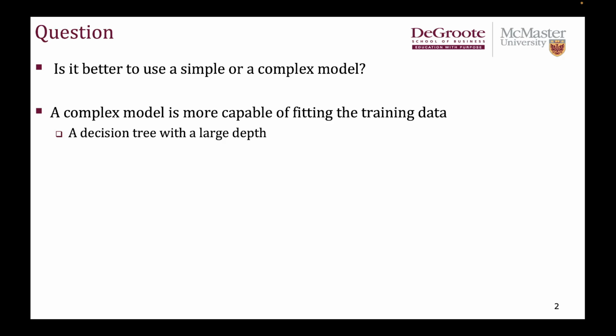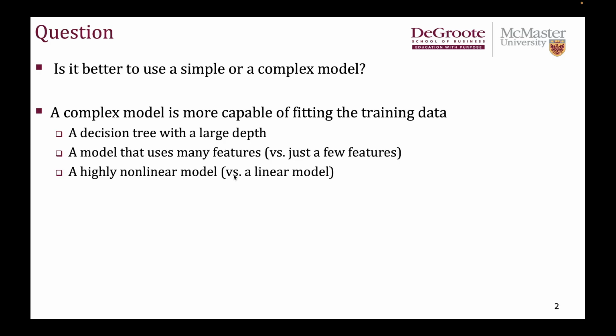Okay, so a decision tree with large depth, with many branches, that's a complex model, right? A model that uses many features versus a model that uses just a couple of features, that's a complex model, okay? A highly nonlinear model like random forest and neural networks, those deep learning models, they're very complex, okay?